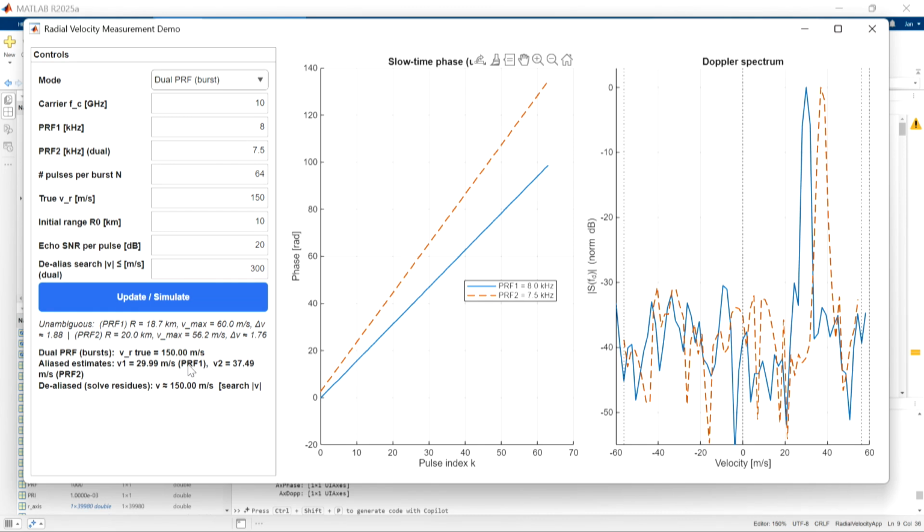So both are wrong, but solving the same equation for the speed, the aliased result is 150. It works exactly like range ambiguity. And this is the slow time phase, the difference between phase changing linearly.